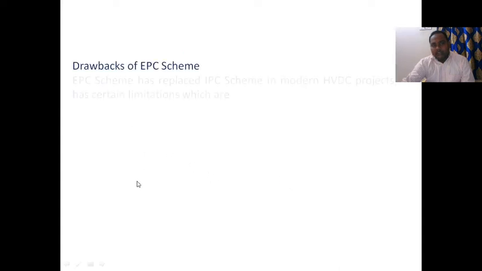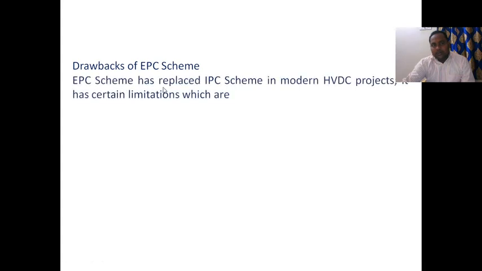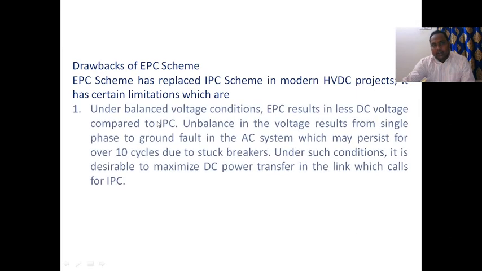Drawbacks of EPC scheme. EPC scheme has replaced IPC scheme in modern HVDC projects. It has certain limitations, which are: under unbalanced voltage conditions, EPC results in less DC voltage compared to IPC. Unbalance in the voltage results from single phase to ground faults in the AC system, which may persist for over 10 cycles due to stuck breakers.